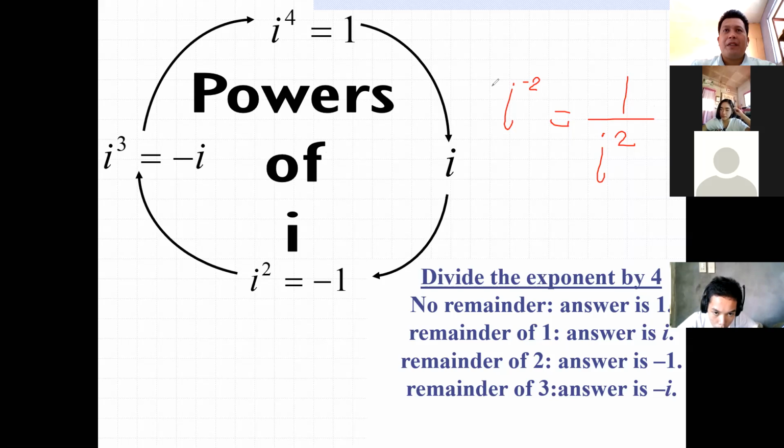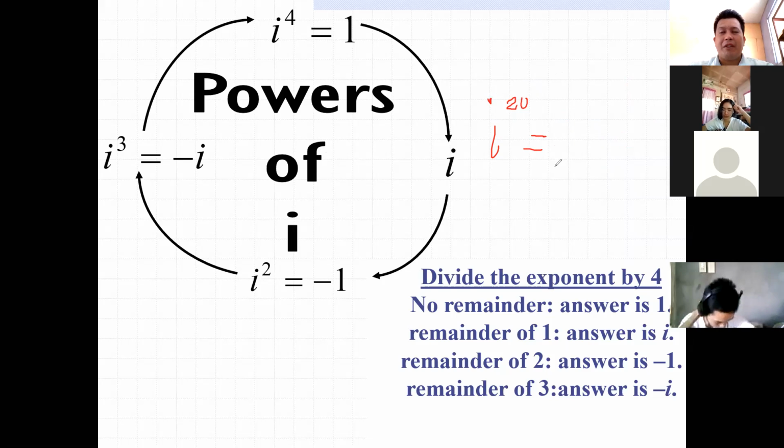What if you are going to raise i to the power of 20? My clue here, class, is if the exponent is divisible by 4, the answer is 1. For example, i to the power of 20 can be expressed as i to the power of 4, i to the power of 4, i to the power of 4, i to the power of 4, and i to the power of 4. 4, 8, 12, 16, 20.